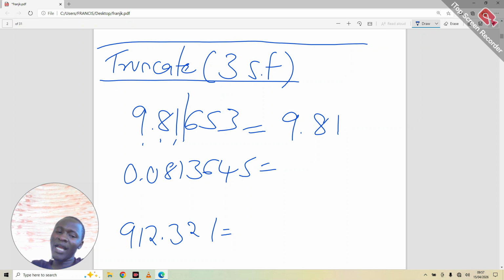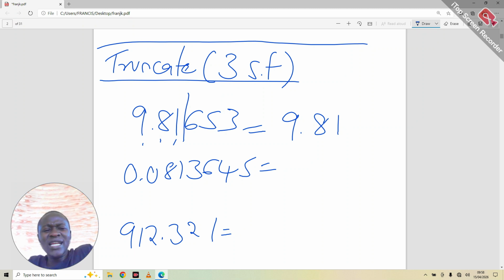What is a significant figure? A significant figure is a figure that is one or more than one. Zero is not a significant figure.